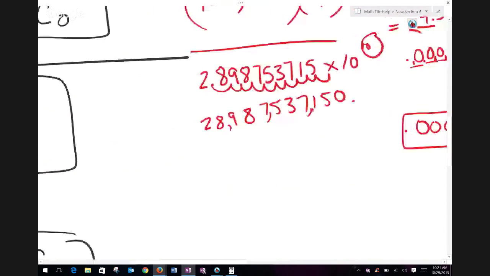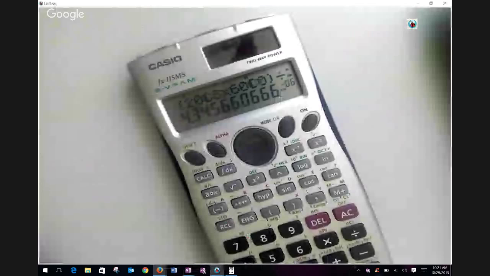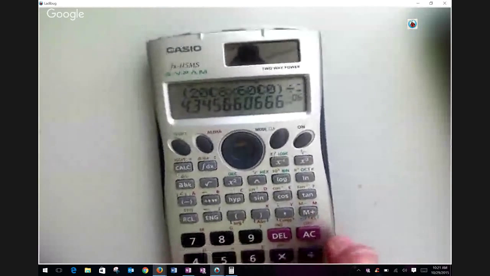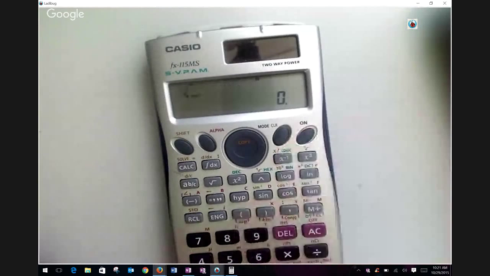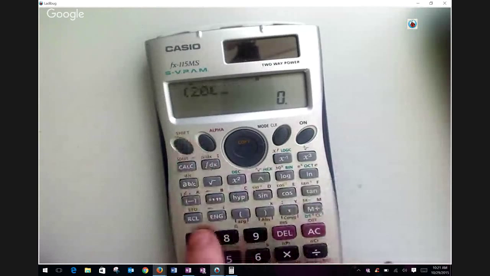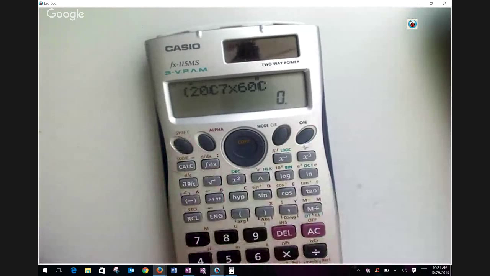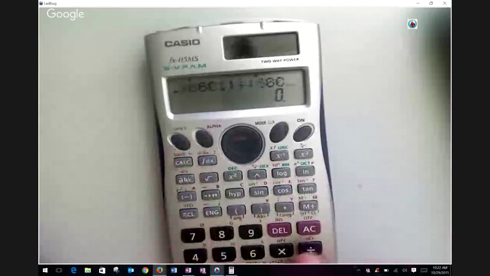Now, if I go to the second question and I use my calculator here, I'm going to have the very same setup, but I'm only going to pick 7 winning numbers. So 20 choose 7 times 60 choose 1 divided by 80 choose 8.